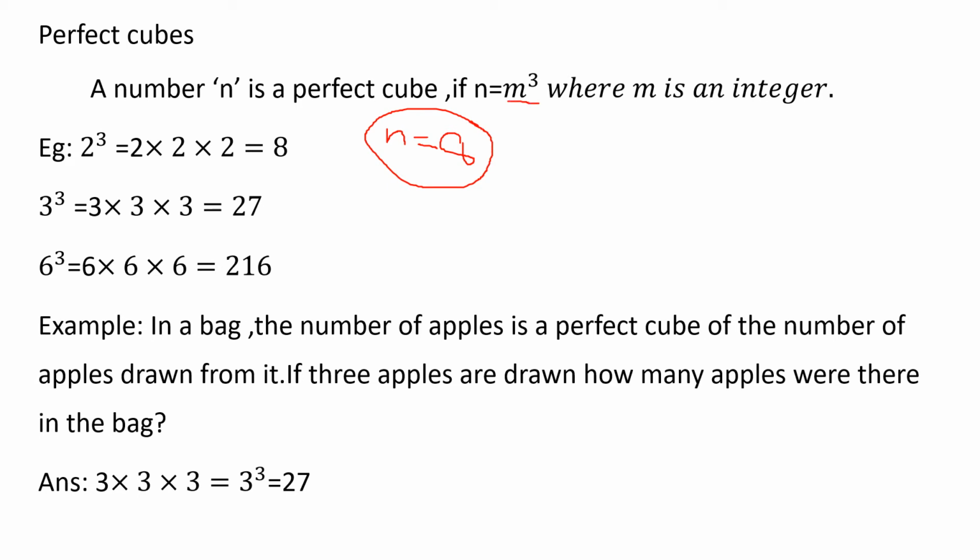That means I should write 8 in the form of a cube. How? 2 cube, right? 2 into 2 is 4, 4 twos are 8. So if n is a number and it can be represented as a cube, then we can say n is a perfect cube. Understood, children? And m should be an integer, where m is an integer.